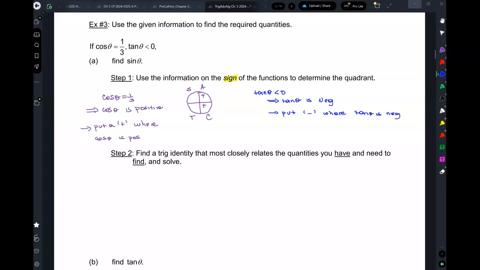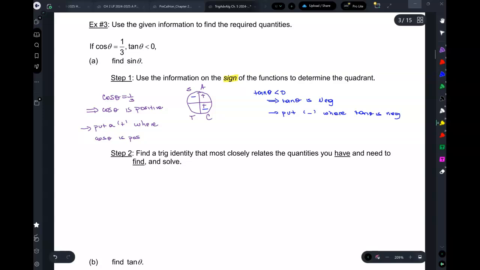So where is that? Here and here. Yeah, but that's where tangent is positive. So it's negative in those two quadrants. Now, if you do this correctly, there's always going to be one quadrant where you're going to have two symbols. In this case, this is the quadrant where you have two symbols.